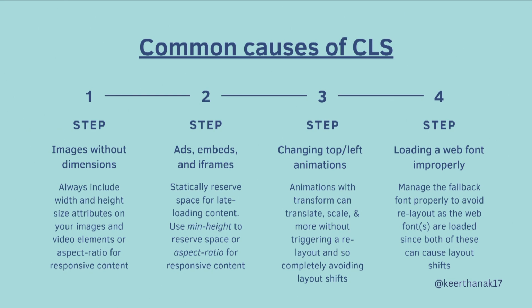Ads, embedded stuff, iframes. Iframes would be, for example, if you have a Google Map plugin or a YouTube video coming into play. Those are all iframes, which can have an unexpected layout shift when that iframe pops in or when that widget loads, right? So do keep the space that you want in mind when you develop stuff like that.